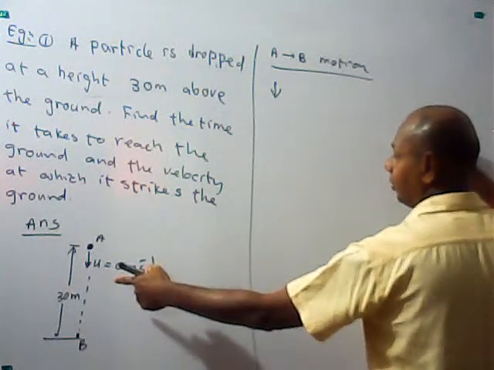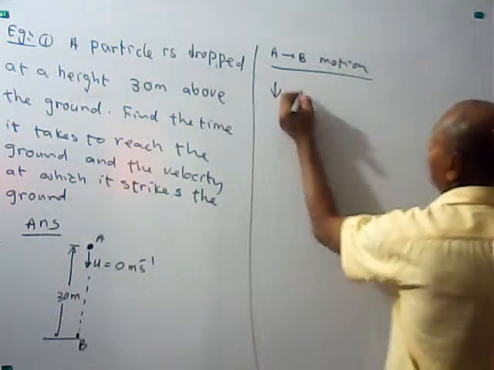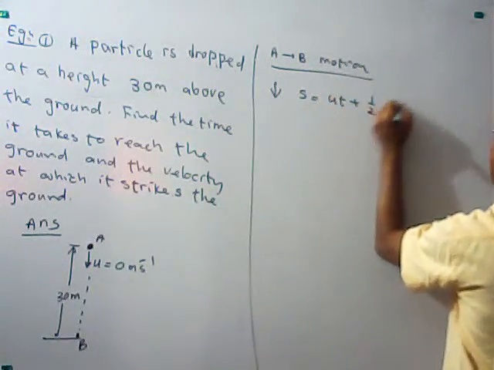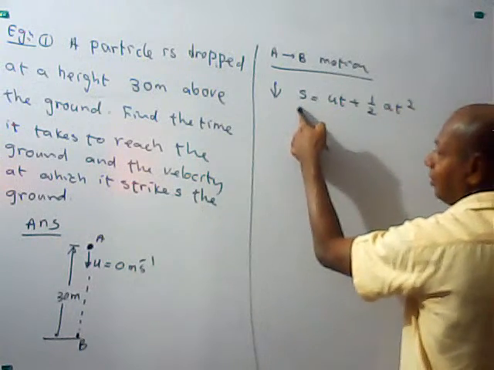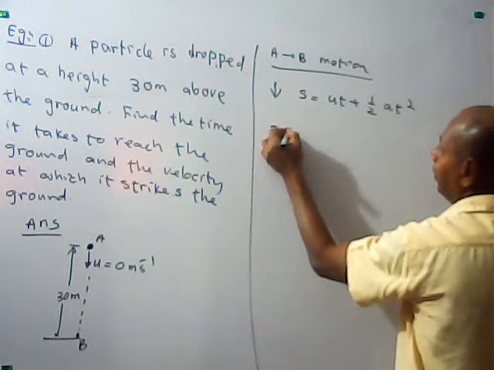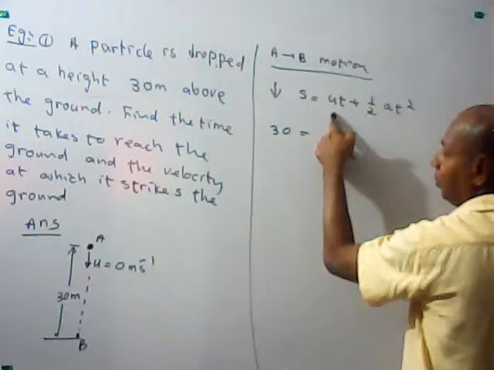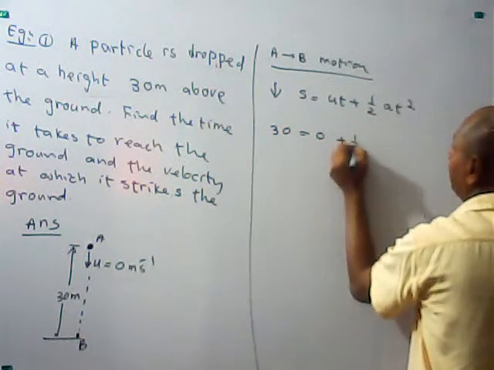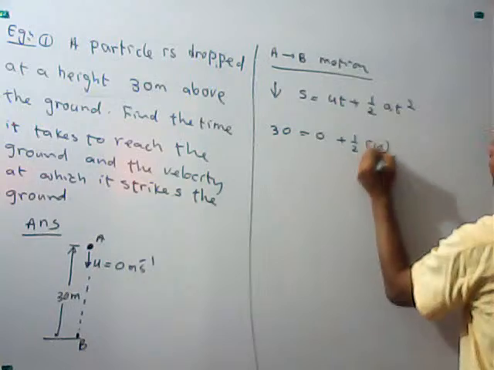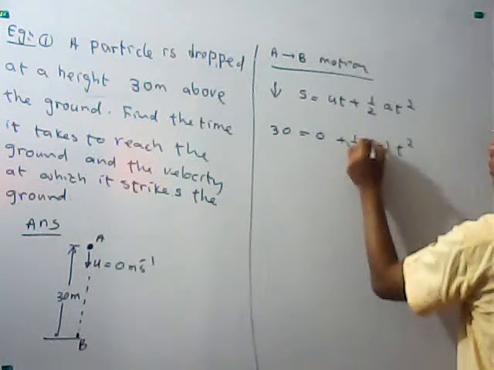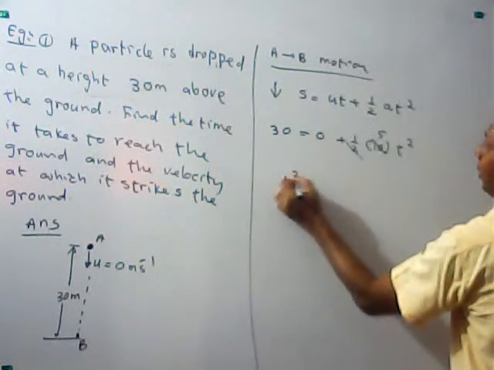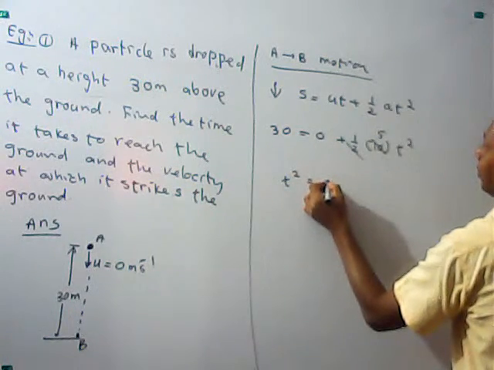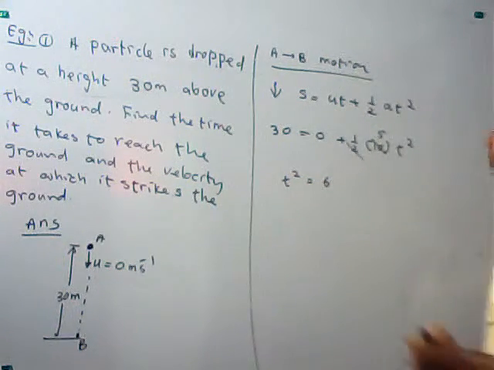You have S and need to find T. It has to be S equals ut plus half at squared. S is 30, u is 0, plus half, acceleration is 10, t squared. So t squared is 6.